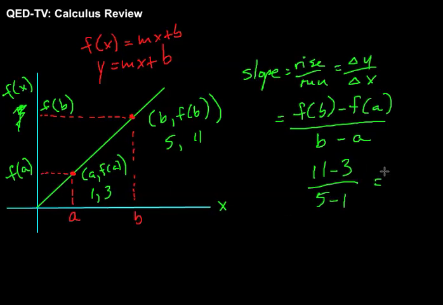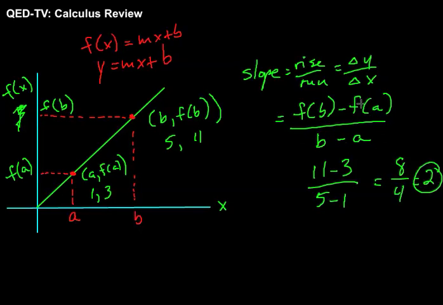We would get 11 minus 3 is 8, over 5 minus 1 is 4, and 8 divided by 4 is 2. So the slope of this line, the steepness of this line, would be 2. We could just plug these numbers in there, and we'd be able to find the slope of a straight line.